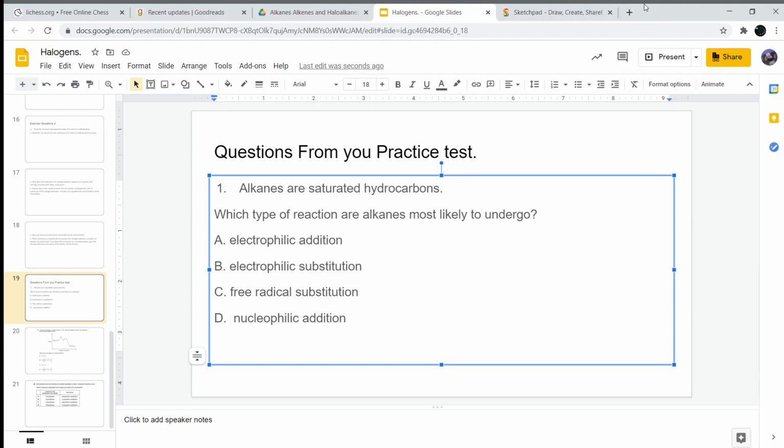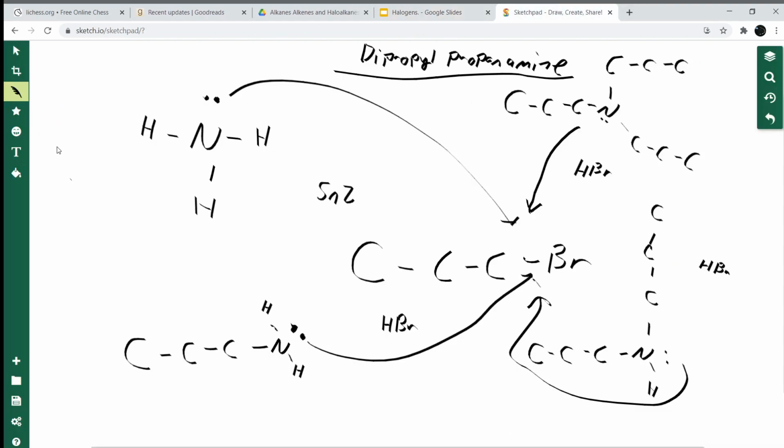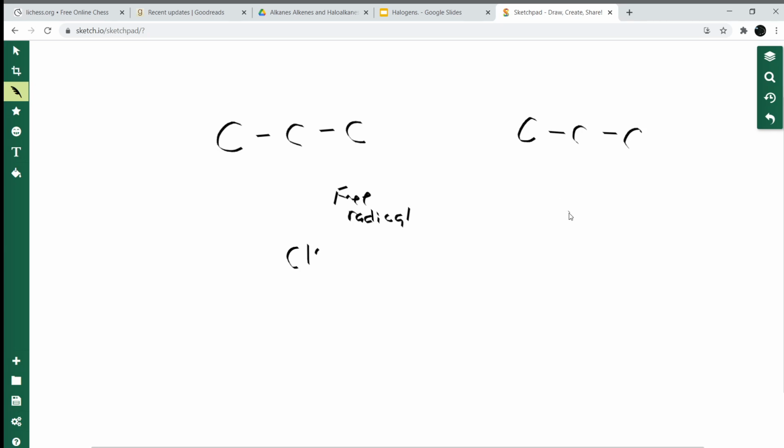So the two options that we could have had to add to a saturated alkane are that we can either have the free radical, and that's where we have the chlorine coming in like this, or we can have the nucleophilic addition or the nucleophilic substitution.